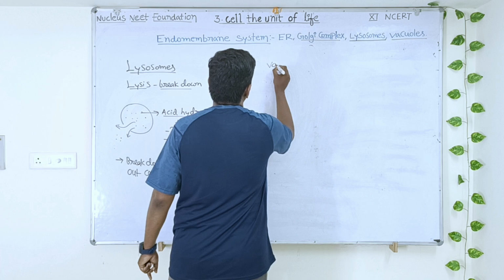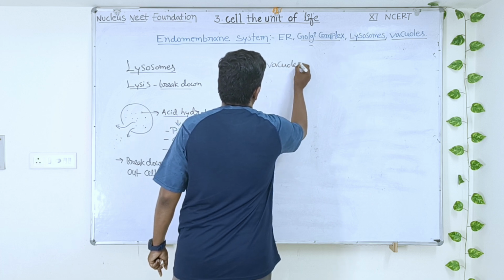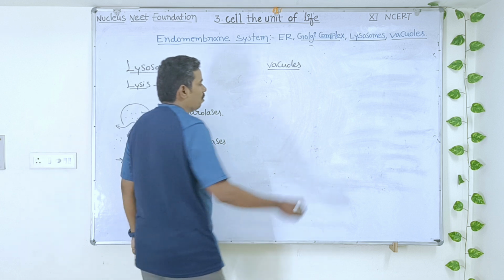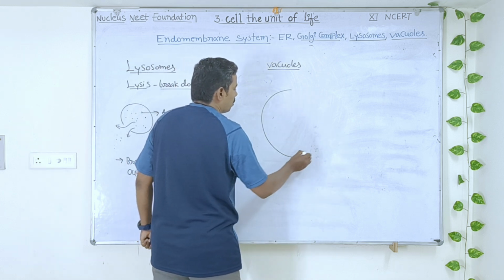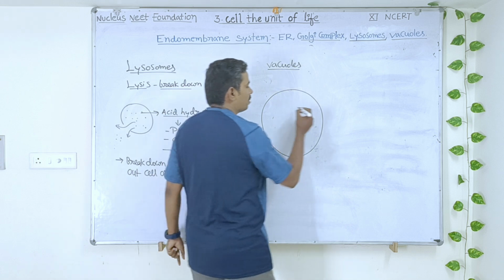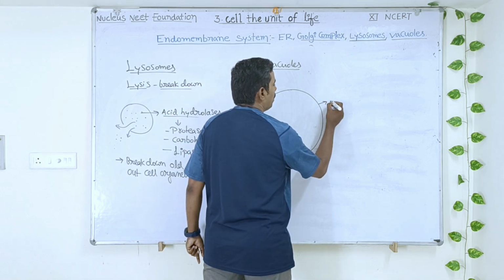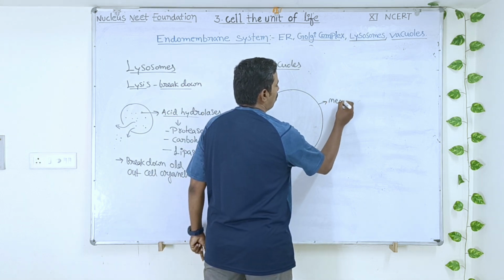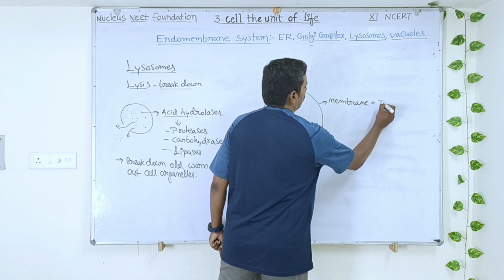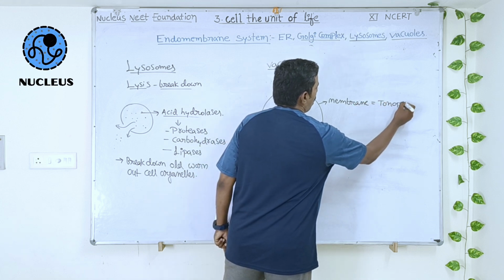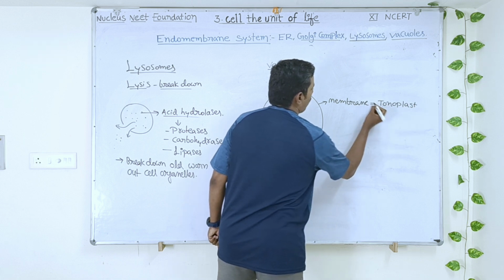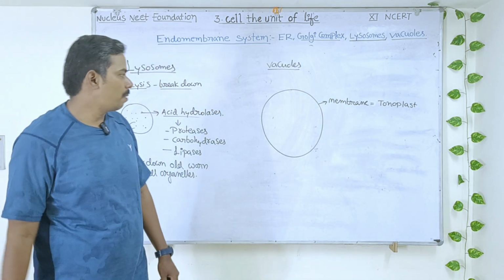Okay, vacuoles. So what are vacuoles? Vacuoles are also a membrane bound cell organelle. It is covered by a membrane. The membrane is called tonoplast. What is the membrane called? Tonoplast. The membrane which covers the vacuole is called tonoplast.